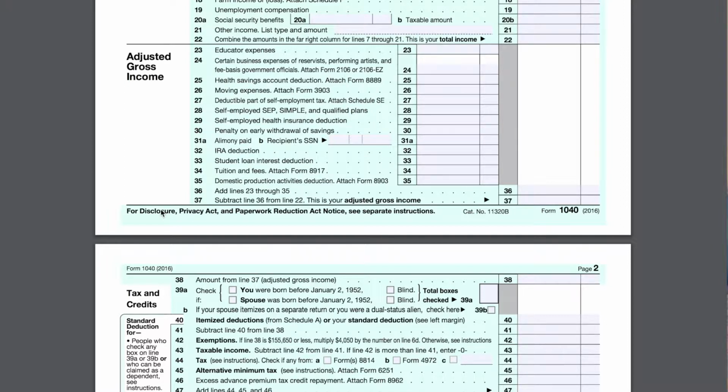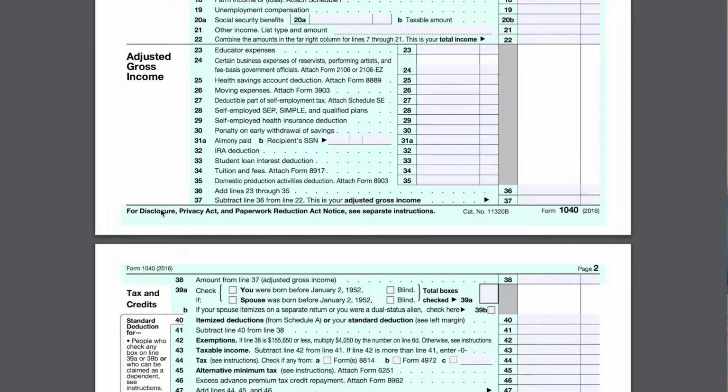Student loan interest, and then tuition and fees deduction. Although line 34 is not often used, because most of the time the American Opportunity Credit or the Lifetime Learning Credit end up being more advantageous, occasionally line 34 will come into play.